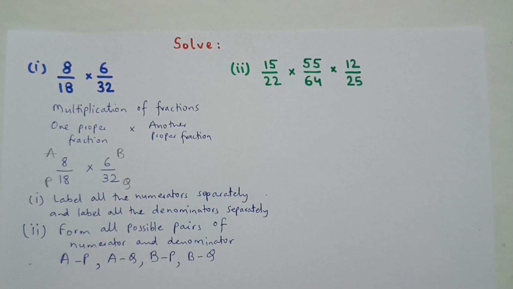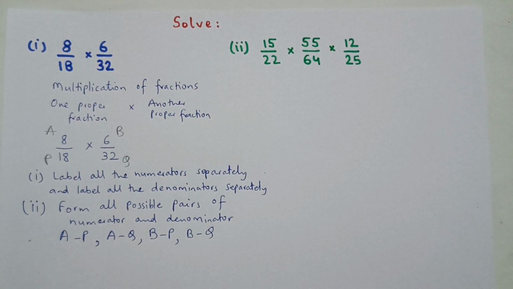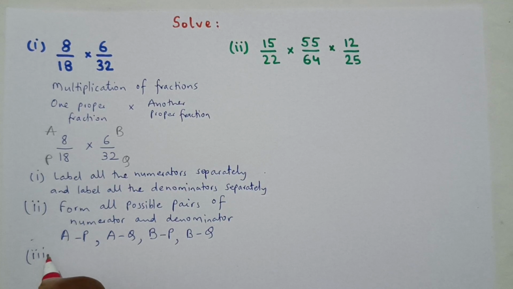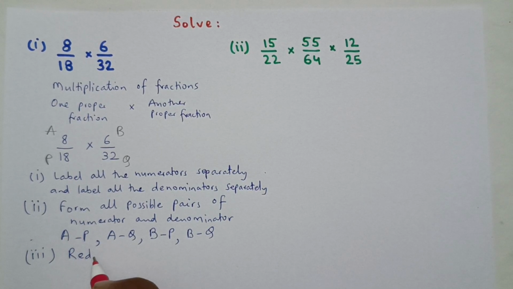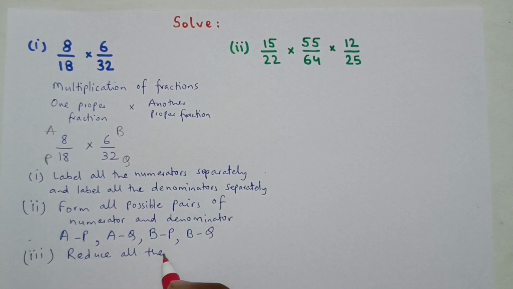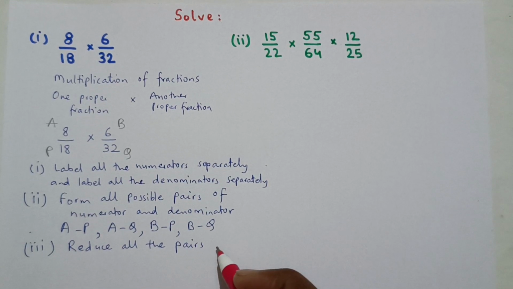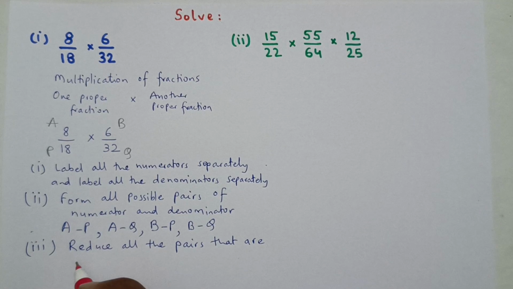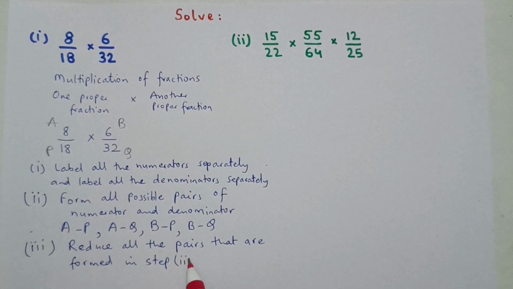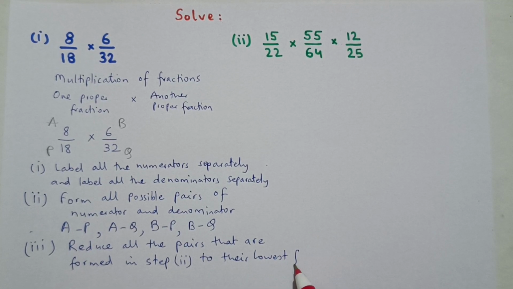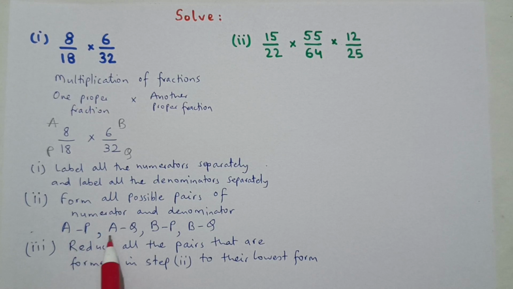After forming all the possible pairs of numerator and denominator, step number 3 is reduce all the pairs that are formed in step 2 to their lowest form or simplest form.